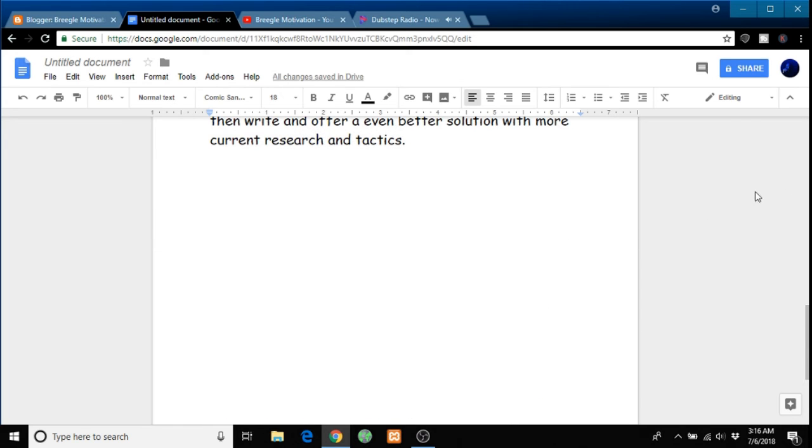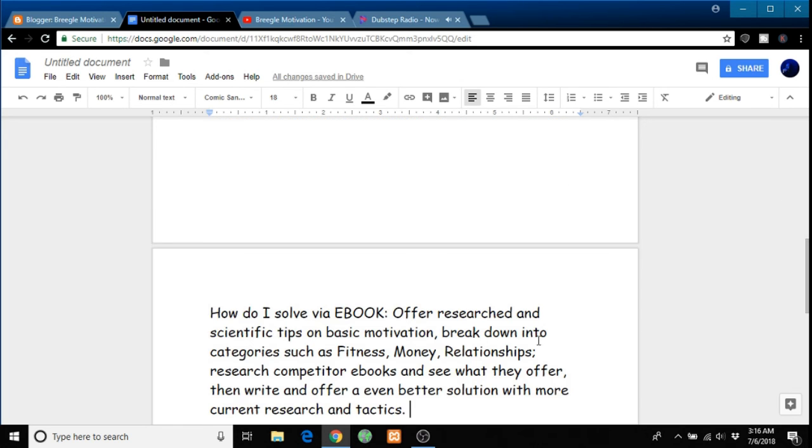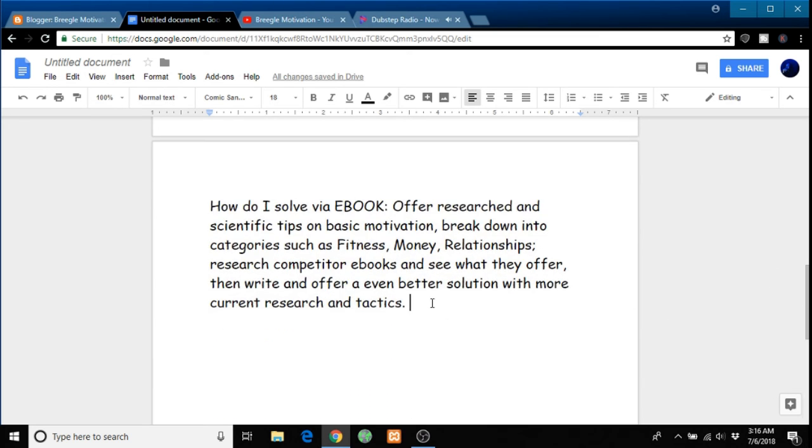But what we want to do now is also offer them different perspectives. So offer different perspectives and a personal experience.